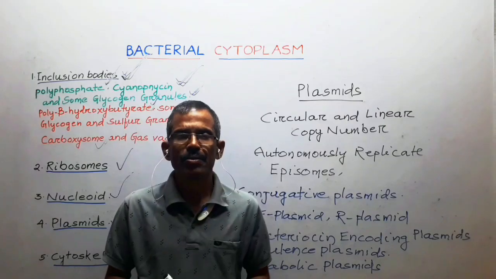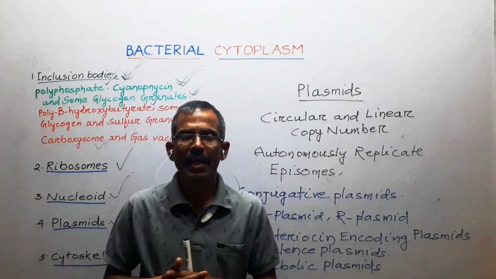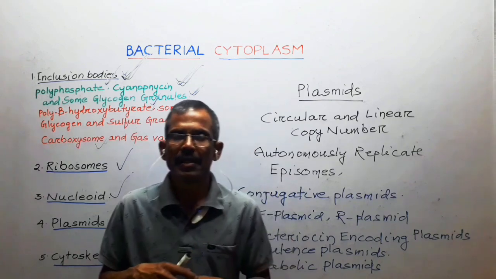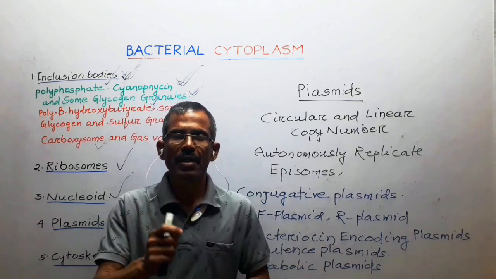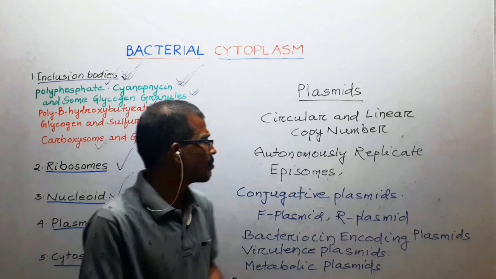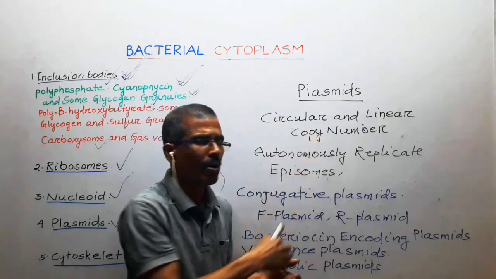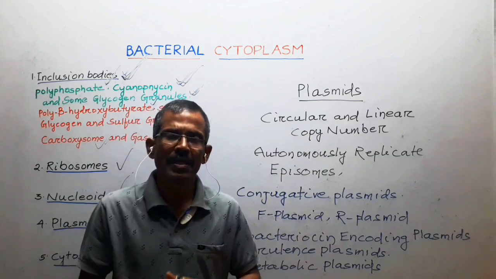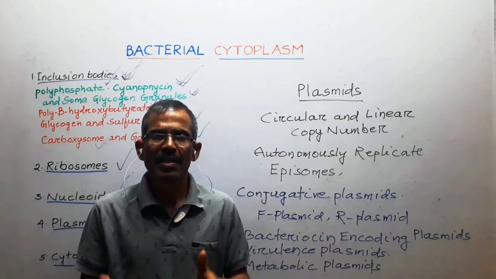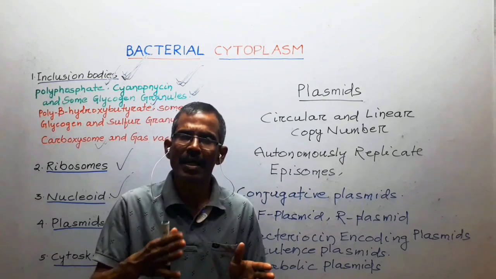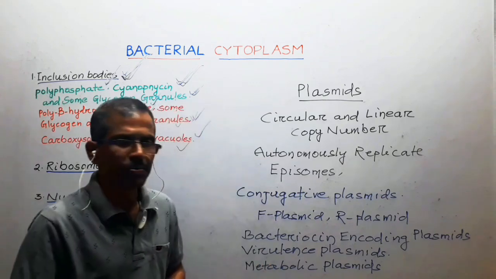In addition to their genomic DNA, the bacterial cytoplasm also contains extrachromosomal DNA molecules known as plasmids. Plasmids can be circular or linear. They are autonomously replicating. Some plasmids can also integrate into the bacterial chromosome and are called episomes.